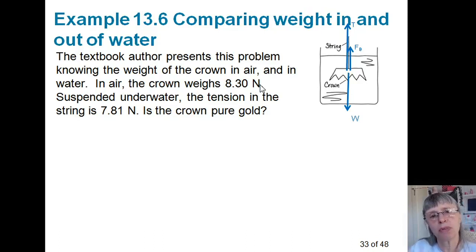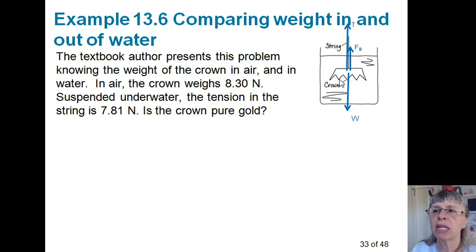Once you dip that crown underwater, and again he's got this drawn as if it's a king's crown, but in reality it was more of a wall decoration. Once you put it in water, then the buoyant force is going to carry some of the weight. So here's our free body diagram with the tension of the string going up, the buoyant force going up, and the weight of the crown going down.